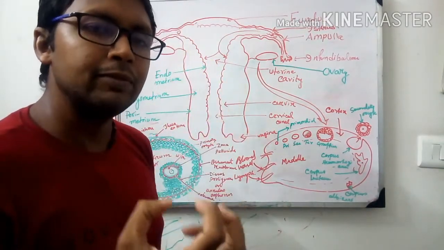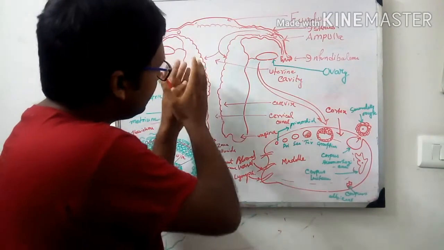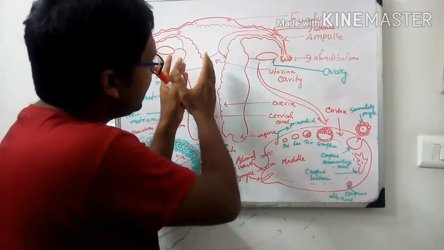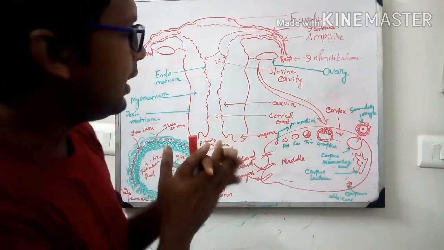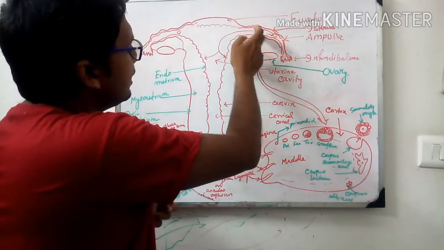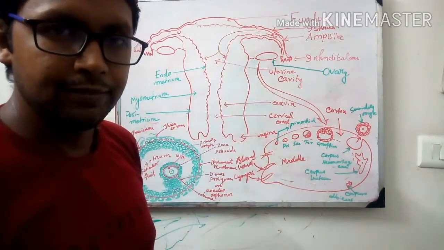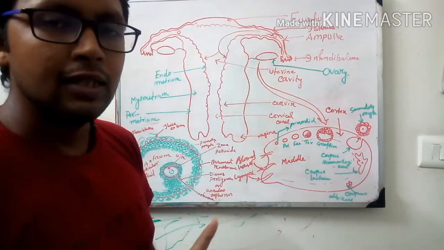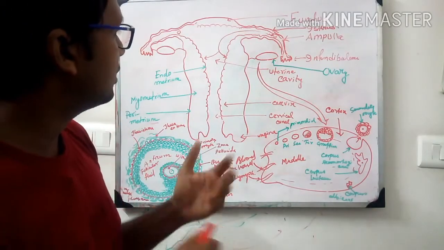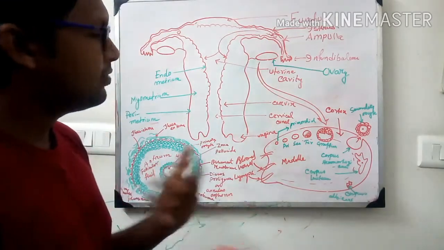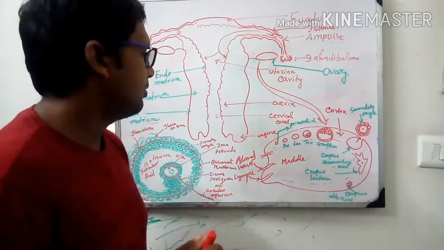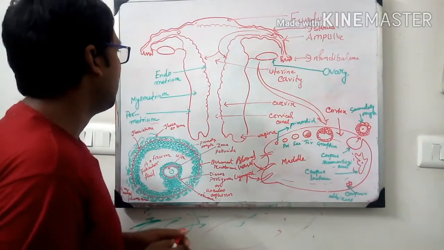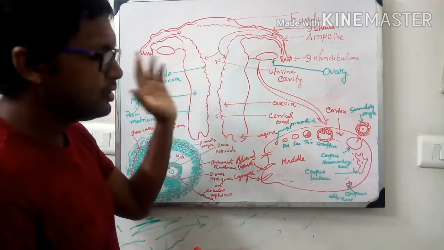This layer is very vital because it is a very receptive layer, so that the fertilized egg can easily enter here. After entering here, the zygote converts into a blastula, and further the baby will develop, and the total body of the fetus will develop. So this is the endometrium layer.